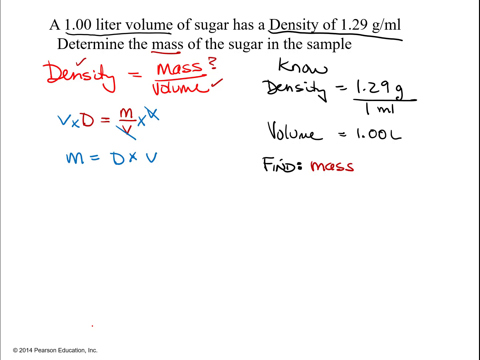If I just multiplied the density of 1.29 grams per 1 mil times 1.00 liters, do you see that they won't cancel? So I've got to convert one of them. You could convert milliliters or liters. It doesn't matter, but you got to put both of those volume units the same. I would change liters because it's all by itself. I just find it's always easier to do a unit conversion on something all by itself, like it doesn't have another unit value to it. So I need to know, what is this in milliliters? That's just a single unit conversion, so do that.